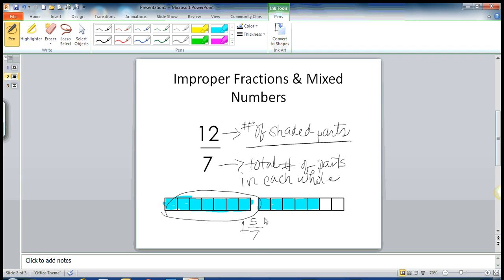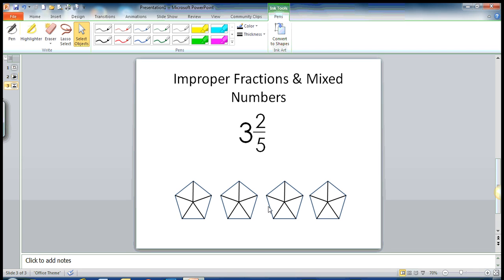Take a look at our next example. Here we have a mixed number, 3 and 2/5. This is basically telling us that we have 3 complete models that are shaded, and then another model that only has 2 parts of it shaded. And again, our denominator lets us know how many total parts are in each model.